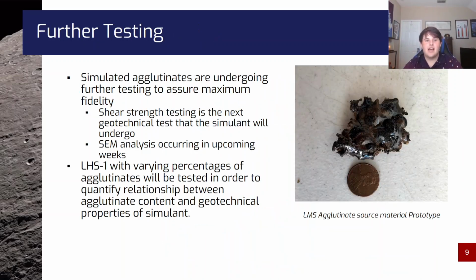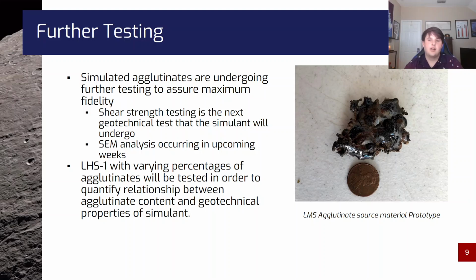Some further testing that's going to happen with these agglutinates is shear strength testing. This is the next geotechnical test that the simulant will undergo. And SEM analysis is occurring in the upcoming weeks to see if the shape matches the shape of the agglutinates found actually on the moon. Eventually, LHS-1 with varying percentages of agglutinates will also be tested in order to quantify relationships between the agglutinate content and the geotechnical properties of the simulant.